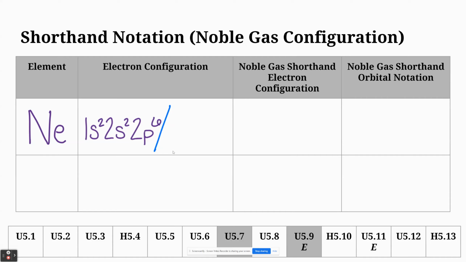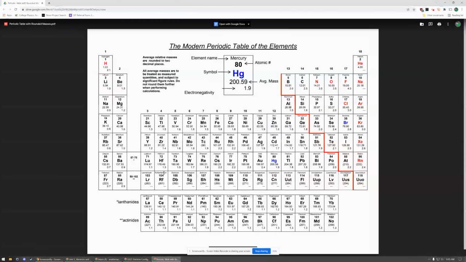The way to do that is anytime we write out an electron configuration here, we are going to find the last full p orbital, and we can stop there. So you can see this blue line here. We can stop there, and we are going to shorten it because if we look at the periodic table, everything in this right-hand column has a full p orbital, or it's full of electrons.